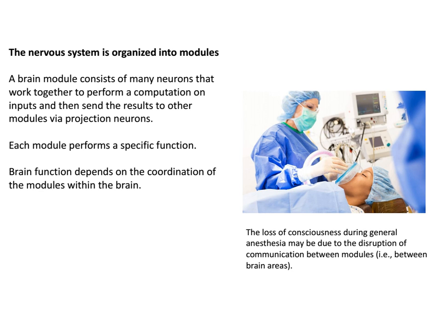To summarize, we've talked quite a bit about the idea that the nervous system is organized into modules. Each module consists of many neurons that work together to perform a computation on inputs and then send the results to other modules via projection neurons. Each of these modules will perform a specific function. So, for example, you may have a module that's involved in hearing a certain frequency.